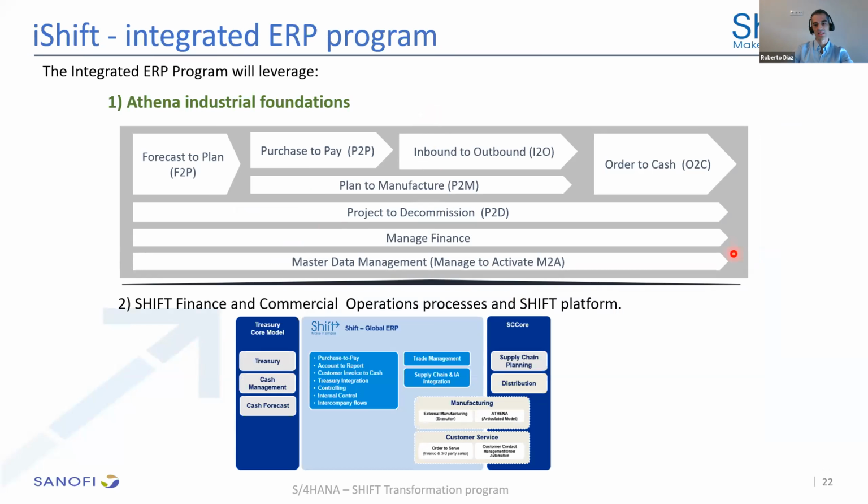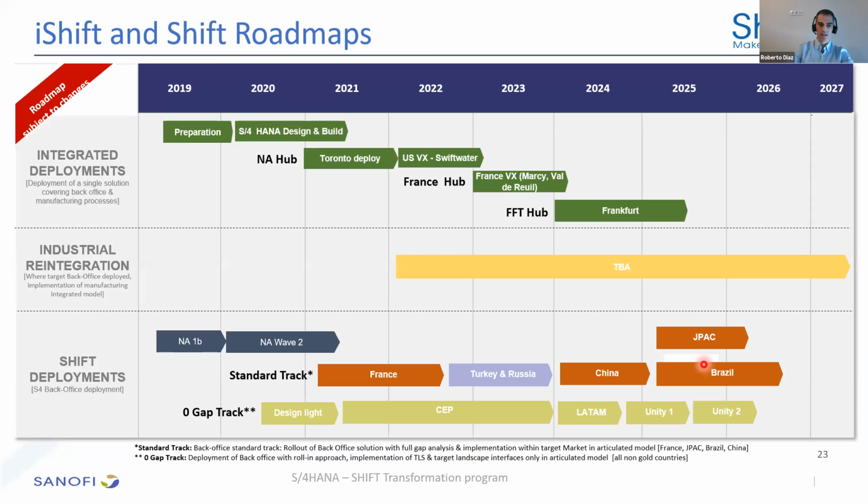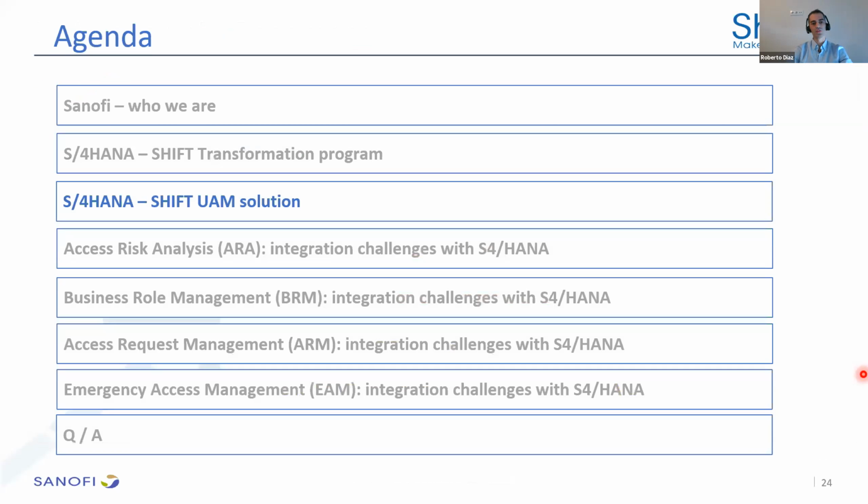So we are enhancing the SHIFT platform with the industrial processes. And this is a roadmap. Let's not consider this is subject to changes, but what I would like to represent here is more the ambition on the roadmap, which is to integrate all these solutions and countries. Let's move on to the SHIFT UAM solution.